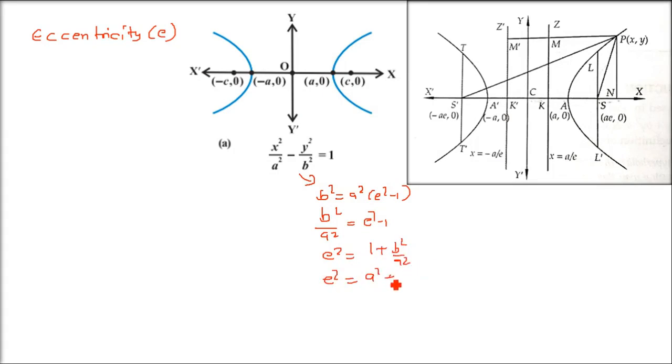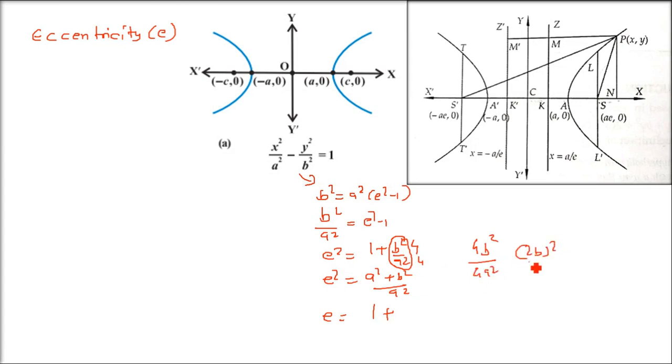You don't have to do this, I'm just doing it, but E square will be equal to 1 plus B square by A square. Let us multiply 4 in the numerator and 4 in the denominator. So now you get 4B square by 4A square.